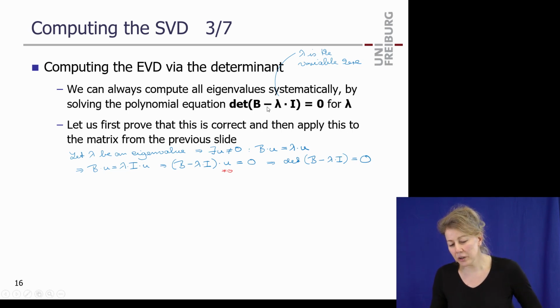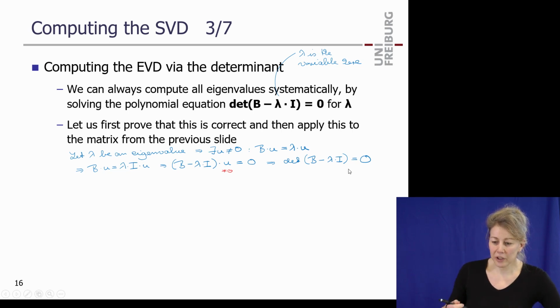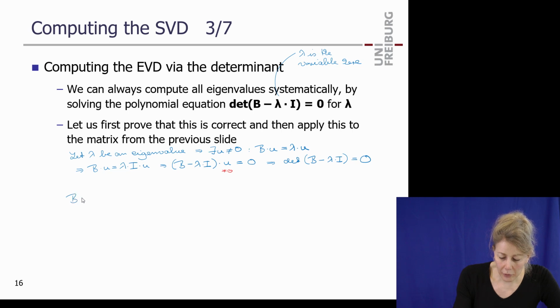This might look intimidating, but it actually follows directly from the definition, it has something to do with eigenvectors. So let's just do it for our example matrix. B was 2, 5, 5, 2.